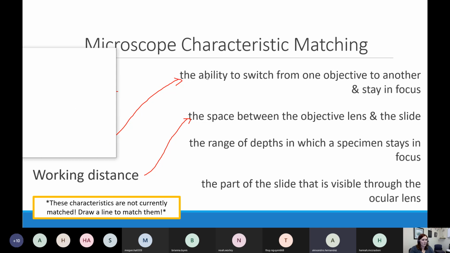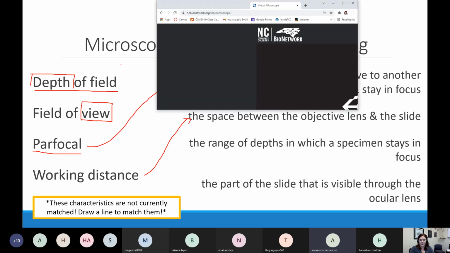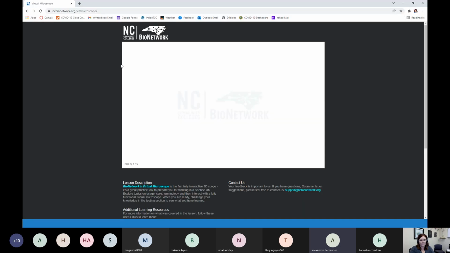This virtual microscope is loading very slowly. Okay. Ooh, there we go.